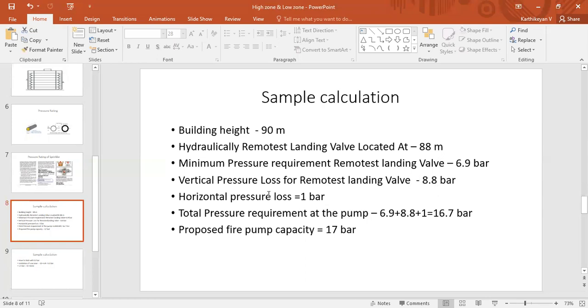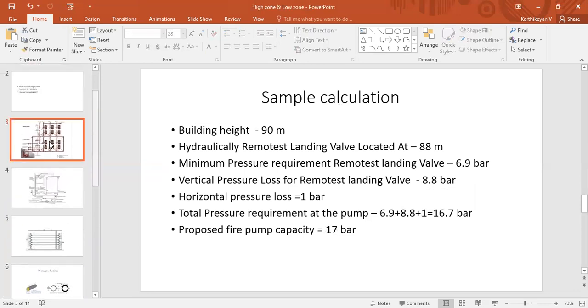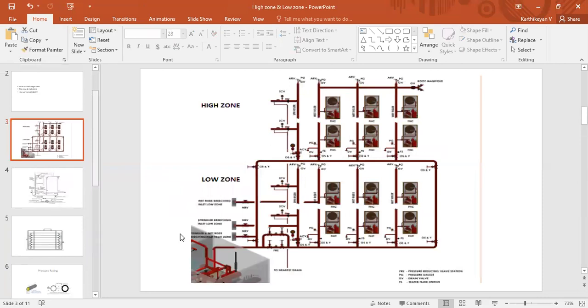Also, the horizontal pressure loss we can roughly take as 1 bar. So the total is 6.9 bar at the remotest landing valve plus 8.8 bar vertical pressure loss plus 1 bar horizontal pressure loss, totaling 16.7 bar. So we have proposed a fire pump capacity of 17 bar. Here we made the minimum pressure requirement at the fire pump. So let's get back to the question. Here the fire pump capacity is 17 bar.